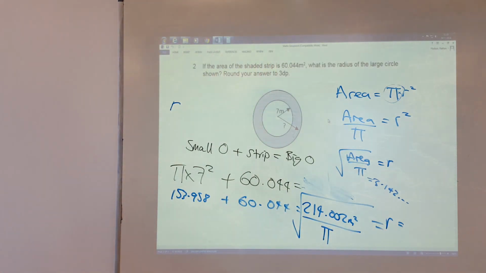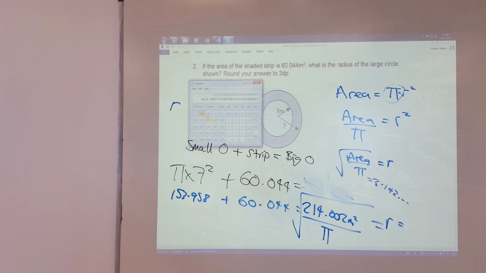So in our case, we've got 214.002 divided by 3.142, that's divided by pi. And then I need to square root that answer. I understand on these calculators I do inverse squared.